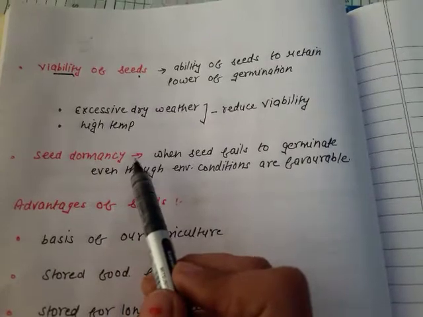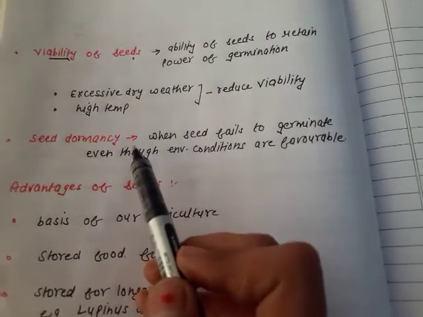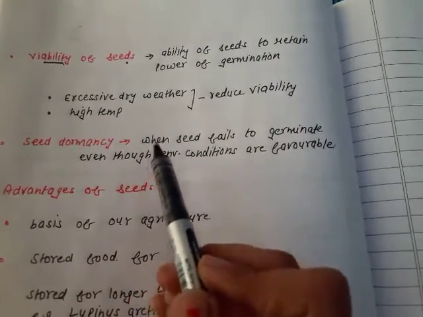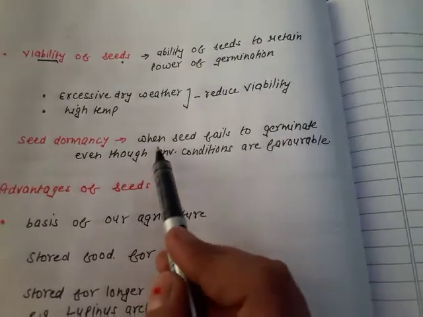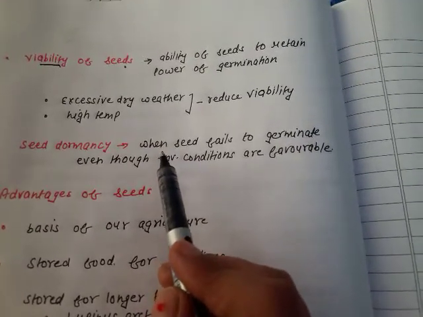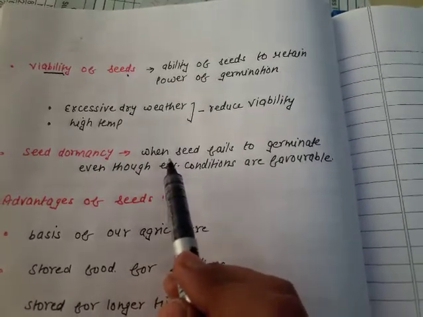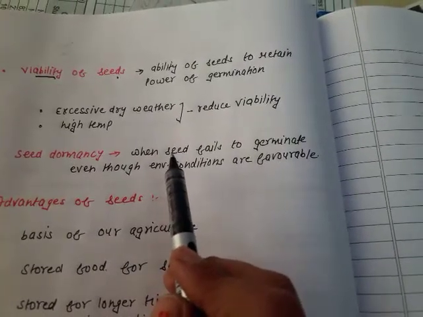Usually it happens that seeds of most of the plants germinate when they are provided with favorable conditions like moisture, oxygen, temperature, etc. But there are some plants in which seeds do not germinate even though they get all the favorable conditions.